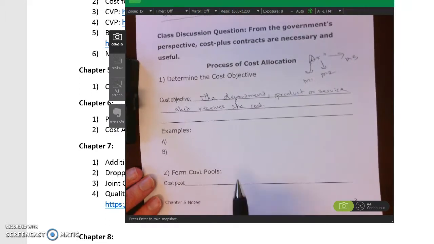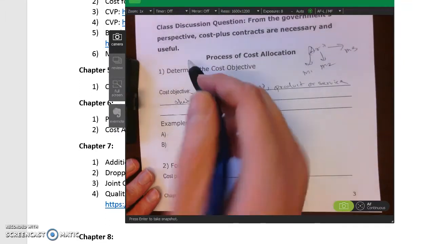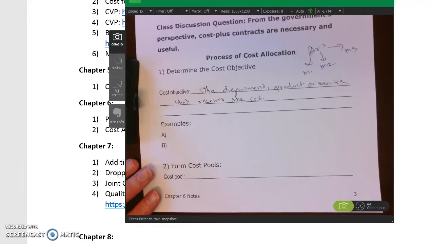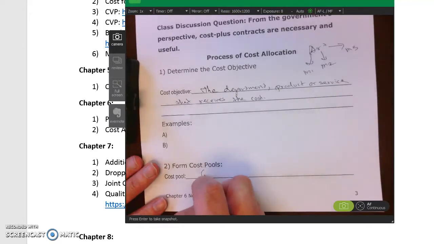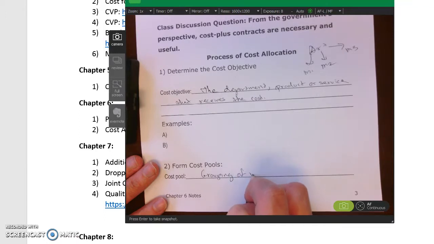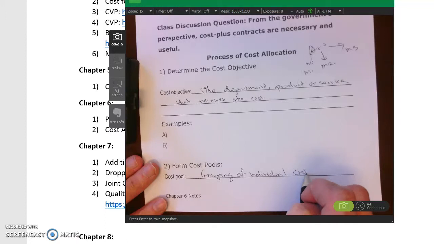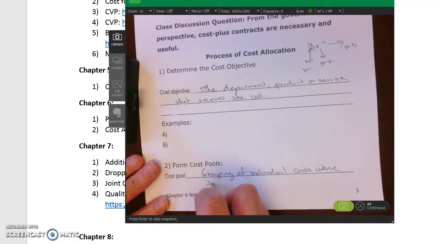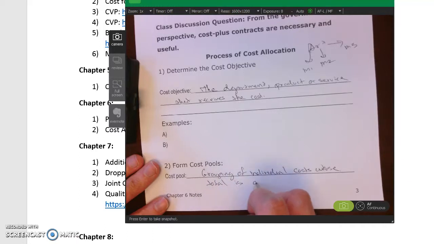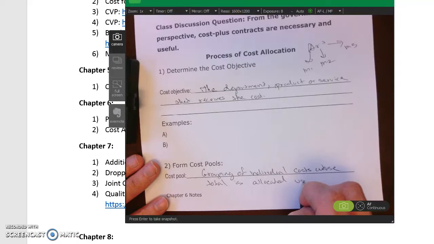Okay? The second step in the process is we're going to form cost pools. And so a cost pool we can define as a grouping of individual costs whose total is allocated using one allocation base.